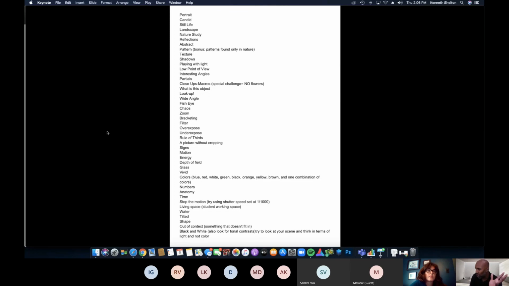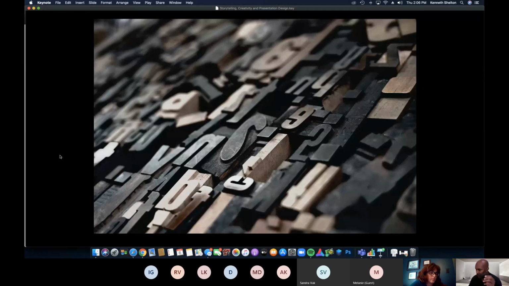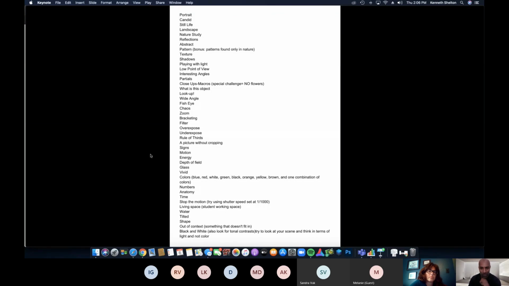So for example, I'll highlight, it doesn't have my, shoot. Darn, it doesn't have my drawing things. So if I think in terms of motion, what are all the different ways I can represent motion visually?